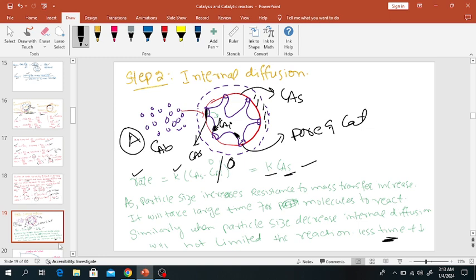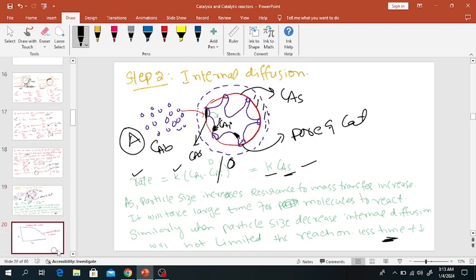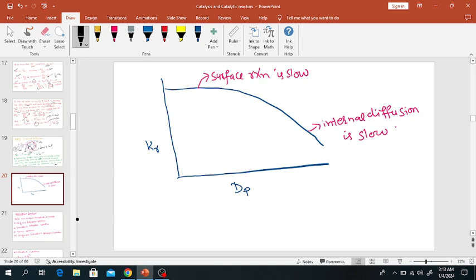So this was all about internal diffusion and the diffusion of component A through the stagnant liquid film around the catalyst. Here you can see a graph: when the diameter of the catalyst increases, internal diffusion will be slow. Suppose this is a small diameter particle and this is a large diameter particle.